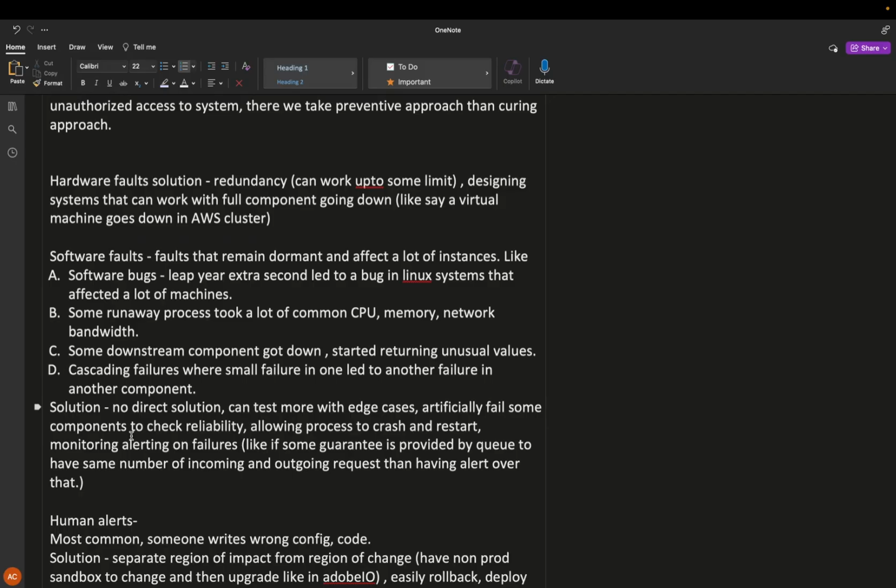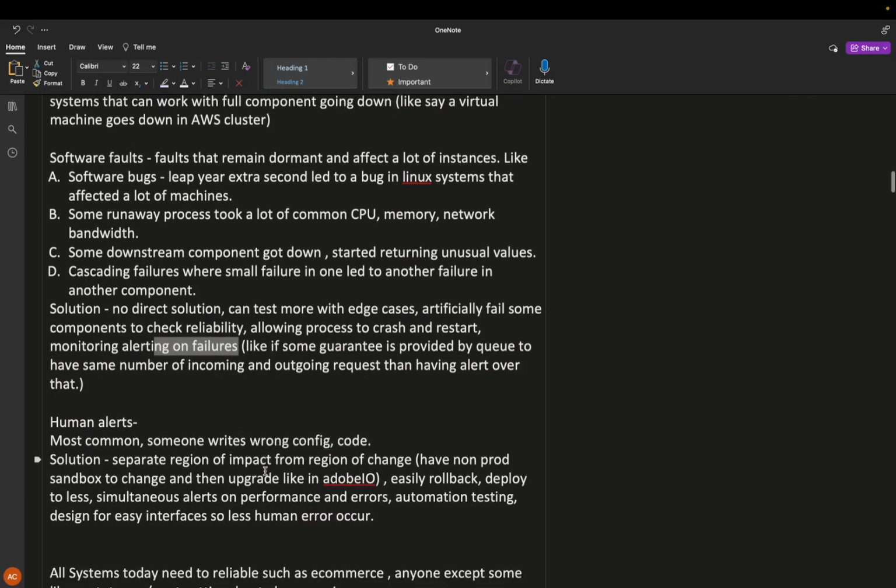Artificially we can fail some components to check reliability, and allow processes to crash and restart. So usually we try to test the system well, and if it crashes we can restart the system, and we can monitor alerts on failures.